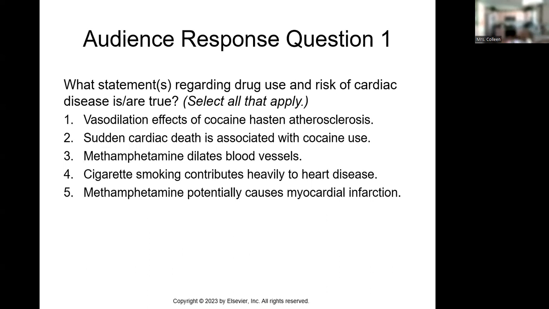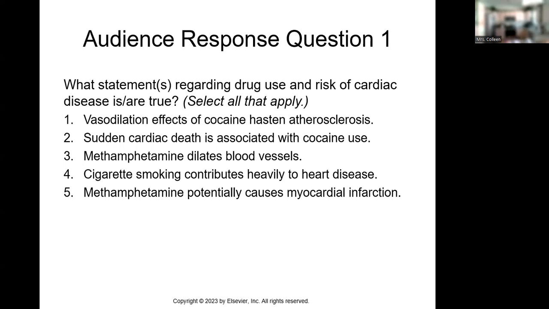So is it one, vasodilation effects of cocaine hasten atherosclerosis? Well, actually, no, because vasodilation will actually open up those blood vessels. So I don't like one. Two, sudden cardiac death is associated with cocaine use. Yes, that is true, unfortunately. So two is correct.